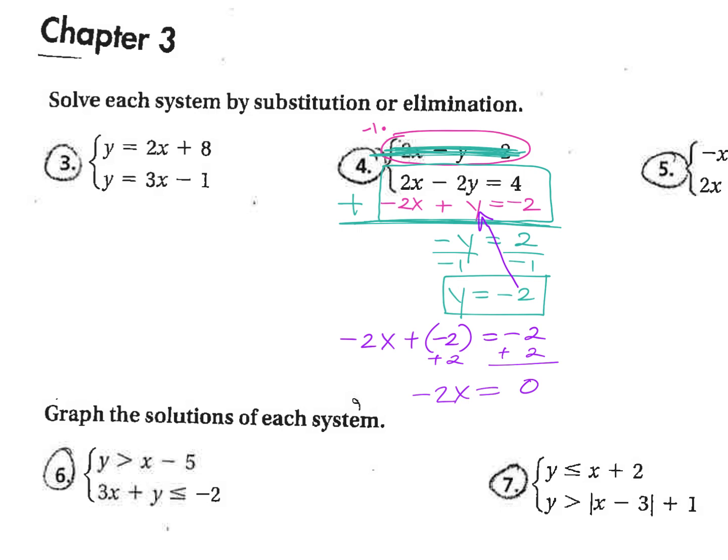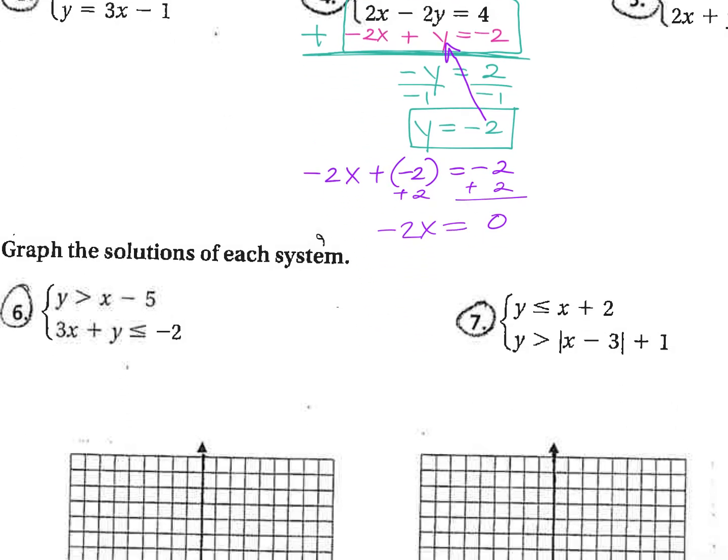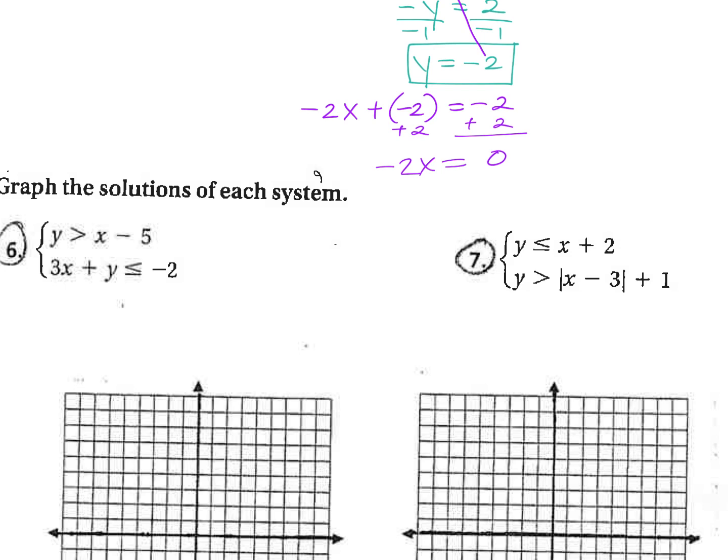What's your next step? Divide by negative 2. Don't let a 0 make you think I did something wrong. Zeros are okay. You're allowed to divide a 0. Yes, you can't divide by 0. So if I divide this, x is just 0, right? So your answer is 0, negative 2.